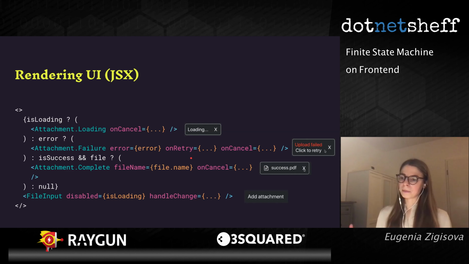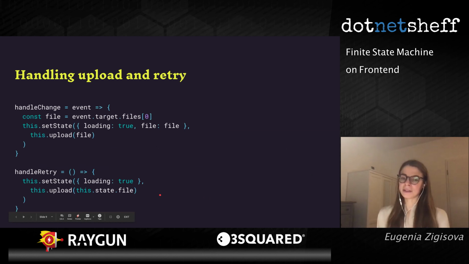We render these elements based on the states we have defined. As you see, our elements are handling different scenarios, like what happens when the user presses cancel, what happens on retry, here on cancel as well. And we also handle file input. All these handling functions will live in the React component.